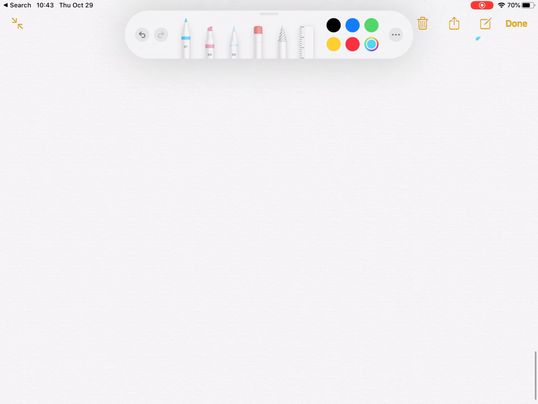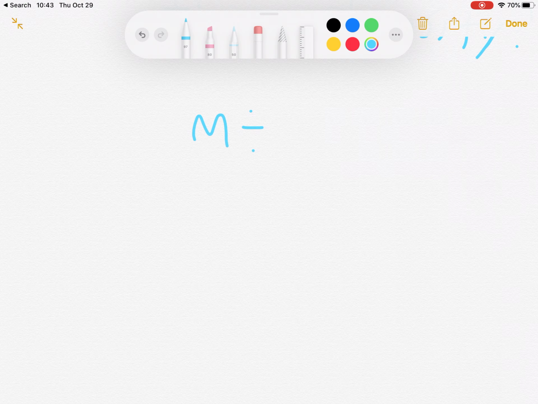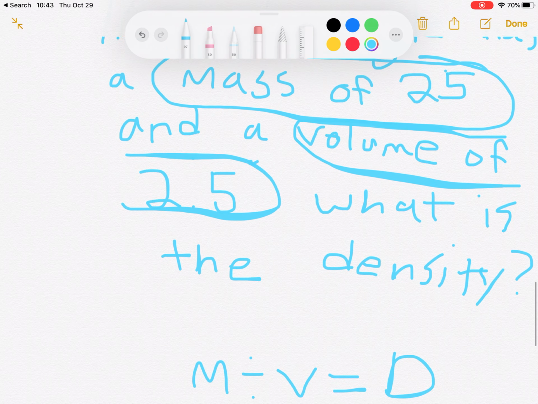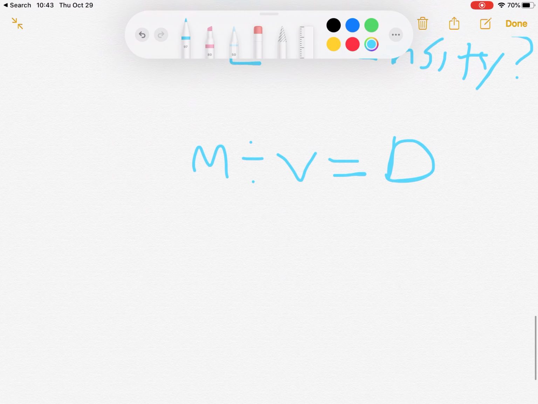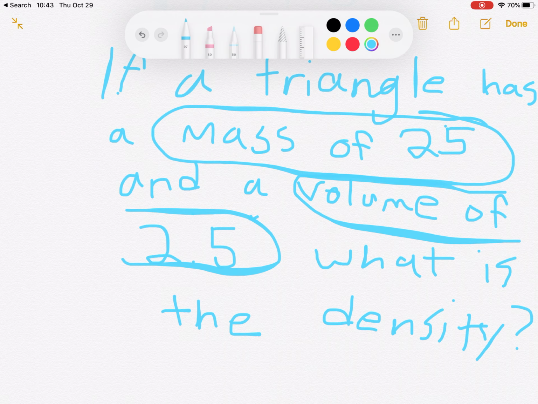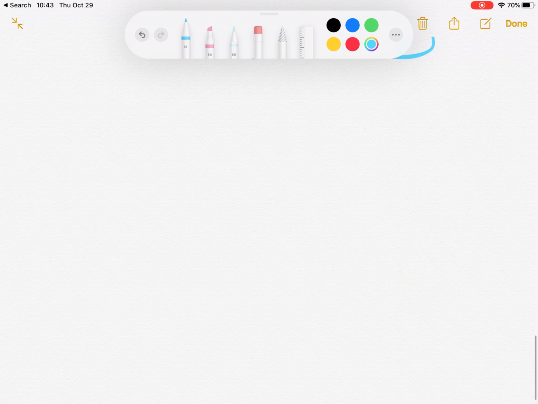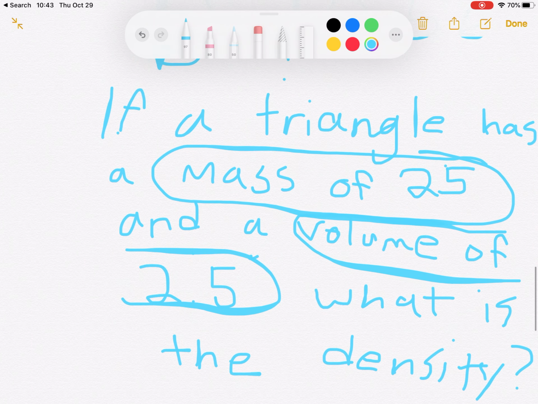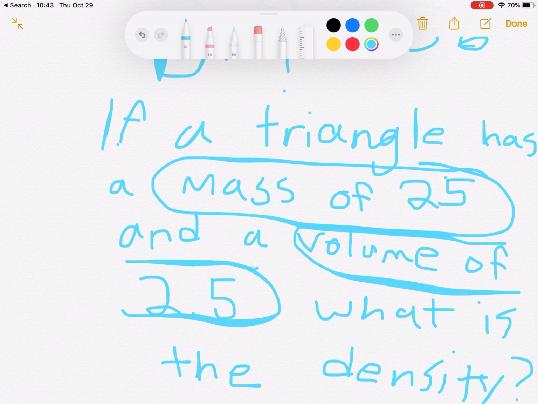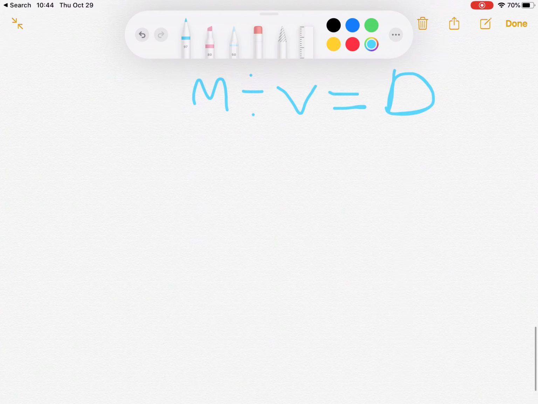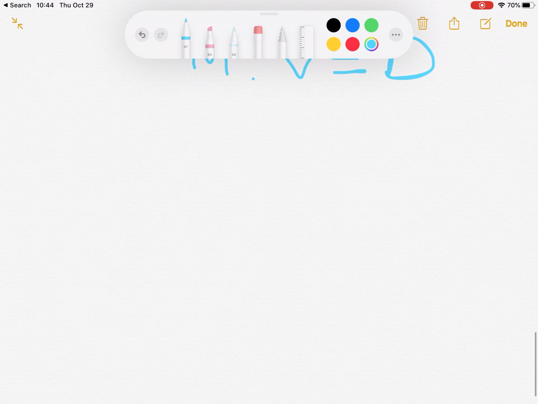So then we're just going to go over here, and since mass divided by volume equals density, that means that we are going to divide these two numbers. So type on your calculator 25 divided by 2.5. And as on your calculator, it will equal 10.